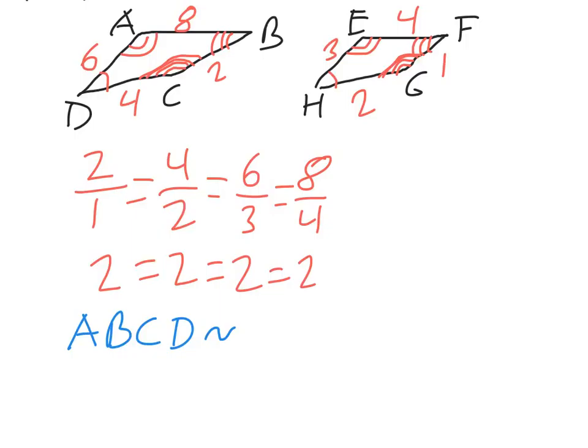Then you have to make sure, just like congruency, it's in order. So if we said A, B, C, D, that went the one with 2 arcs, the one with 3 arcs, the one with 4 arcs, then the one with 1 arc. So E, F, G, H. So remember, order matters.